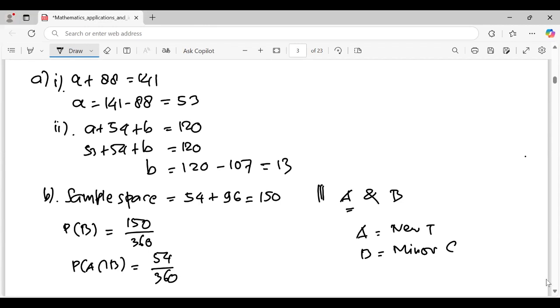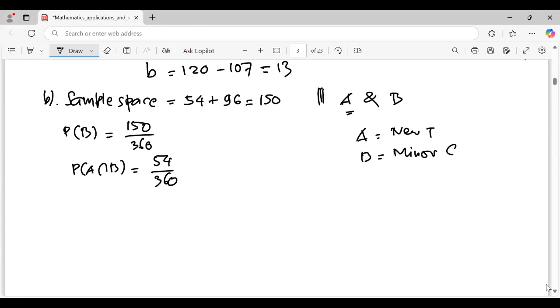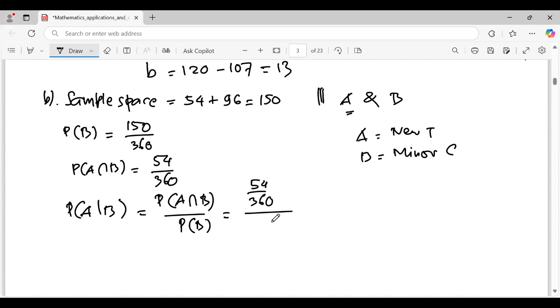Because we are going to find probability A given B. This is the probability of A intersection B over the probability of B. 54 over 360 over 150 over 360, because the population is 360.